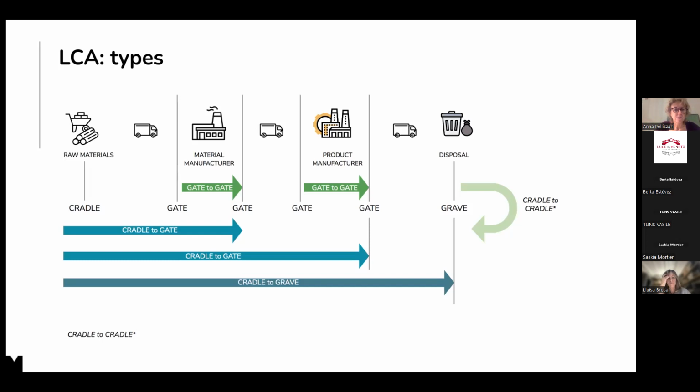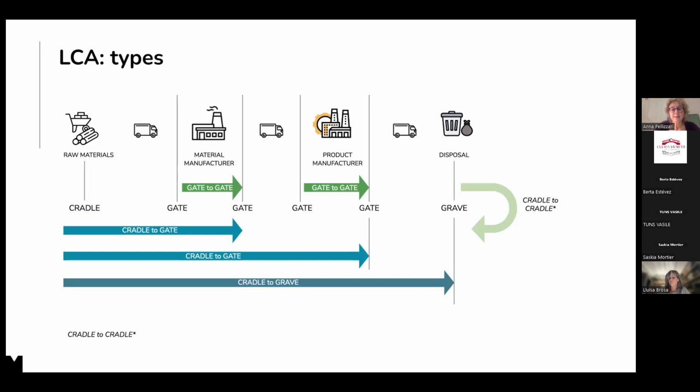Particularly when it comes to materials, the LCA of a material is normally calculated cradle to gate. So it's the impact of a material until it exits the factory, because the material manufacturer doesn't know what happens next.